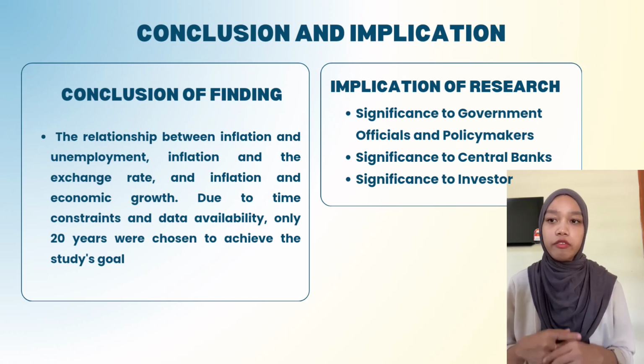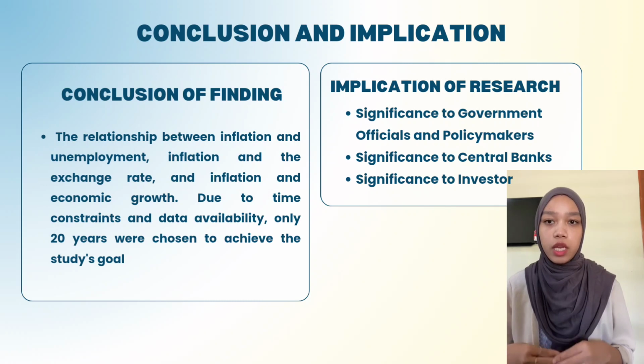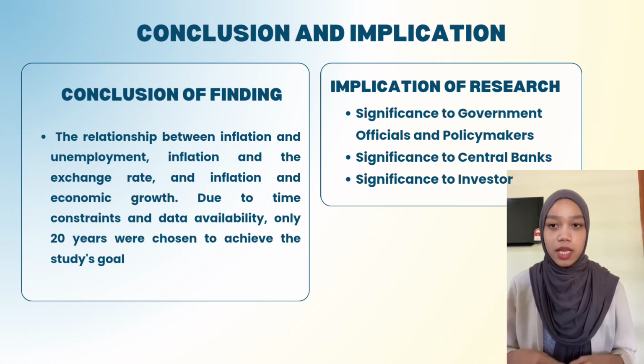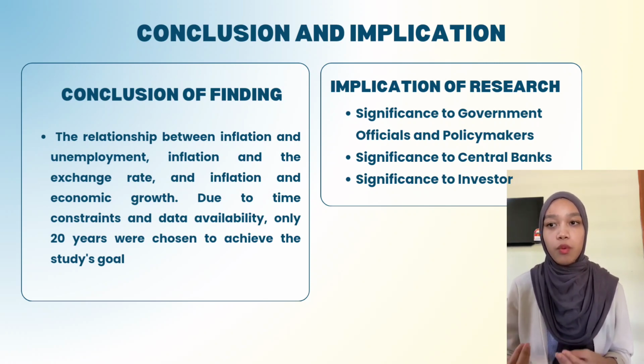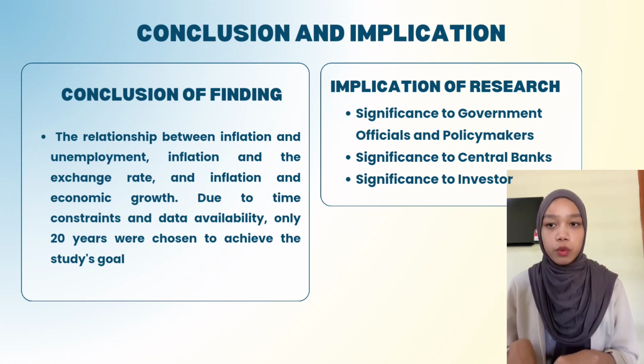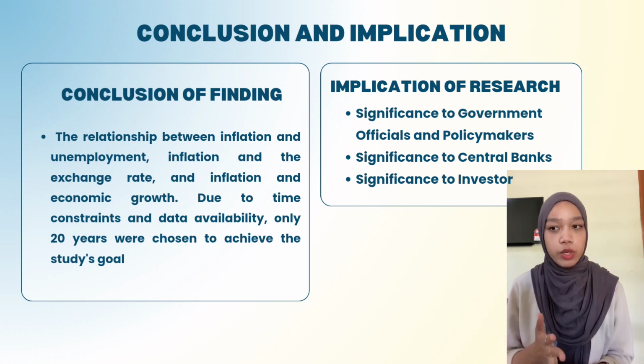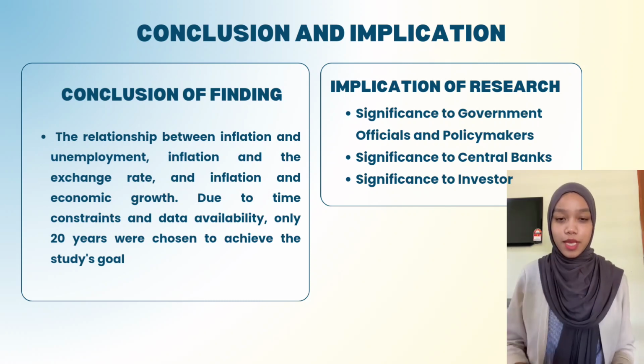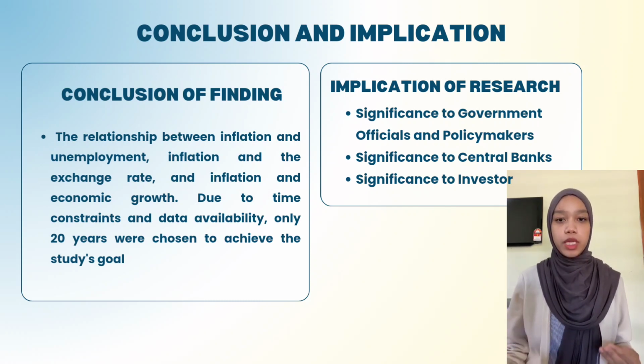Several independent variables had data gaps in specific eras, even with a longer time range. As a result, the observation period for the study was 21 years. The dependent variable in the study was the inflation rate, while the independent variables were unemployment, exchange rates, and economic growth.